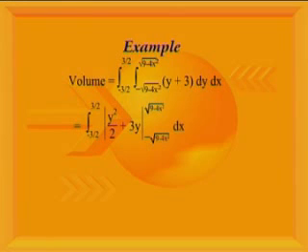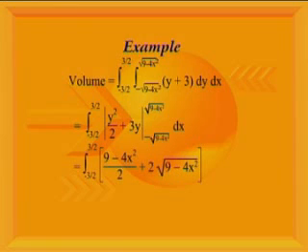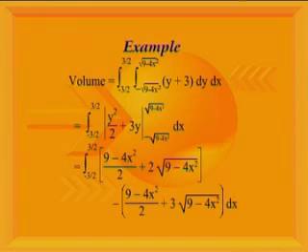Integrating y plus 3 with respect to y, we get y square over 2 plus 3y. Now substituting the limits for y, we get the integration of bracket 9 minus 4x square over 2 plus 3 into square root of 9 minus 4x square, minus 9 minus 4x square divided by 2 plus 3 into square root of 9 minus 4x square.